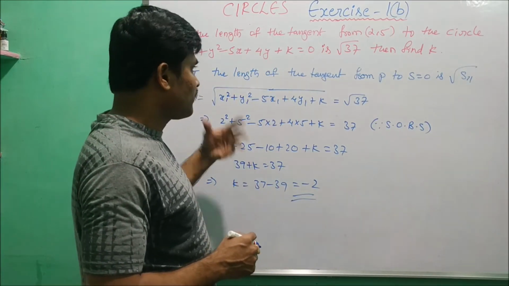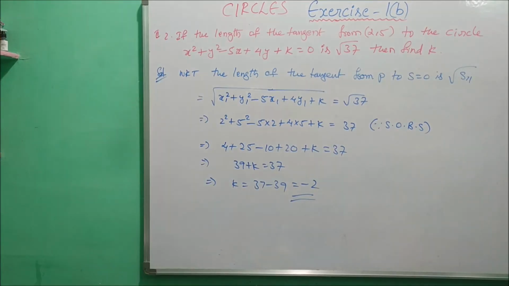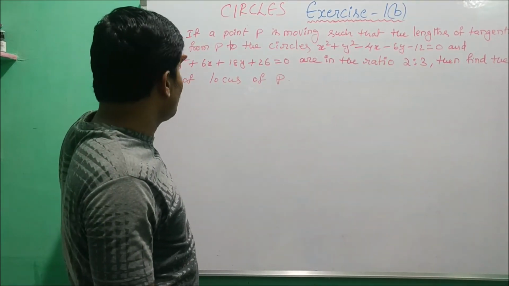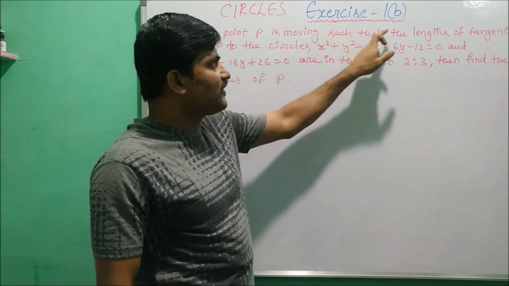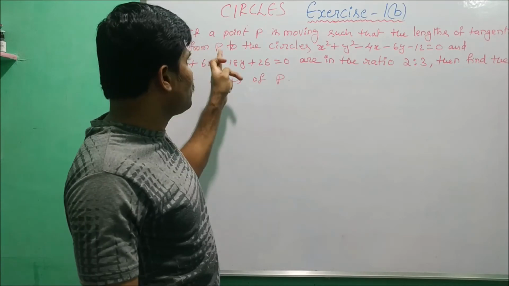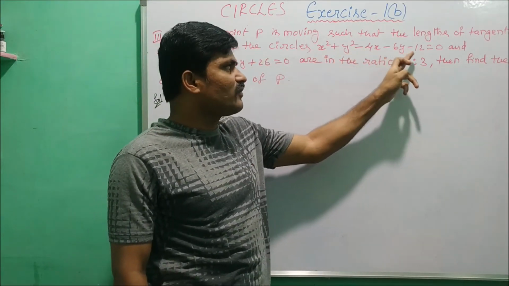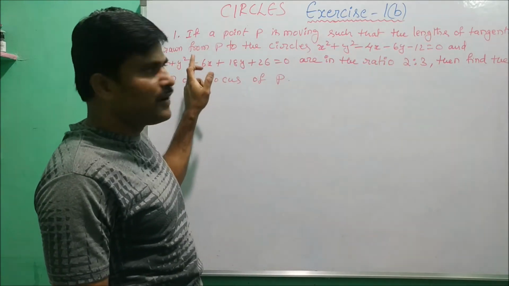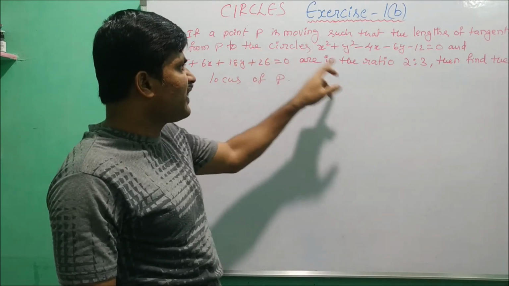Next, in the third Roman, the sums are 4 mark sums. In the third Roman, the first problem is: if a point P is moving such that the lengths of the tangents from the point P to the circles x square plus y square minus 4x minus 6y minus 12 equals 0, and the second circle x square plus y square plus 6x plus 18y plus 26 equals 0, are in the ratio 2:3.